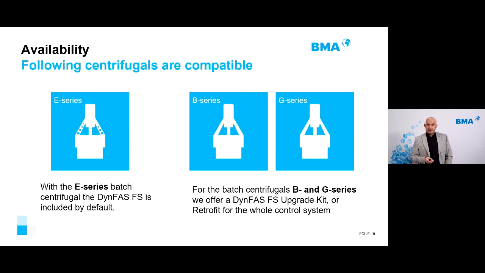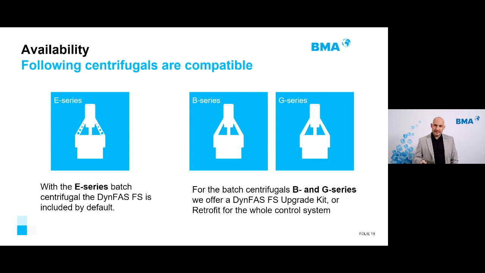The availability of this sensor is, of course, in the E-series always by default, because as I told you, we think in BMA Group that this problem of the optimization of the massecuite filling charge is critical. For that reason, the E-series always has this sensor mounted.